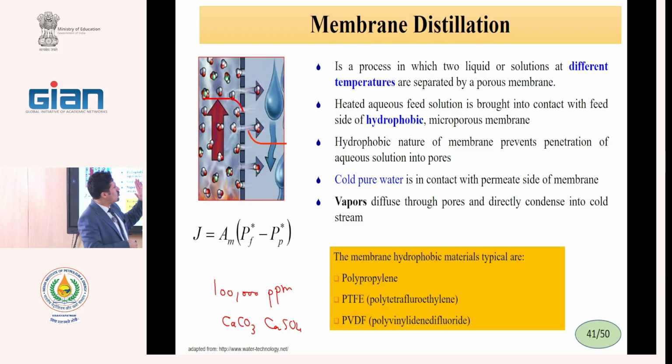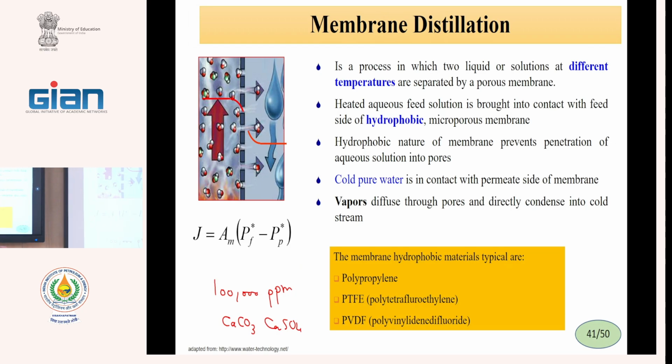Therefore, water should not pass through the pores of the MD membrane. In this case, we use hydrophobic materials such as PTFE, PVDF, polypropylene, and other hydrophobic polymers. Polyimides are also used, polyether ether ketone can be used, and others. Therefore, in this membrane type, the driving force is delta T.